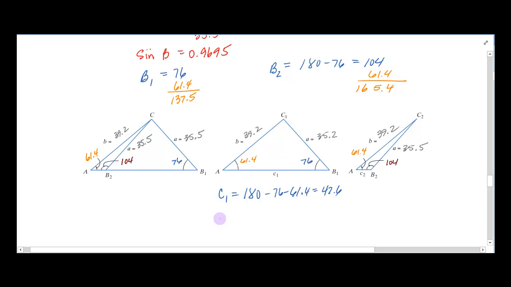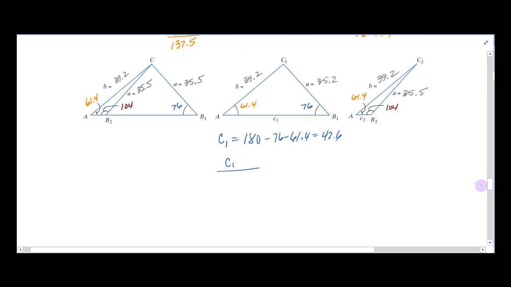Now I can use the law of sines to solve for side C1. So C1 would be over the sine of angle C1, which is 42.6. That's equal to, let's just choose side A, which is 35.5, divided by the sine of 61.4.